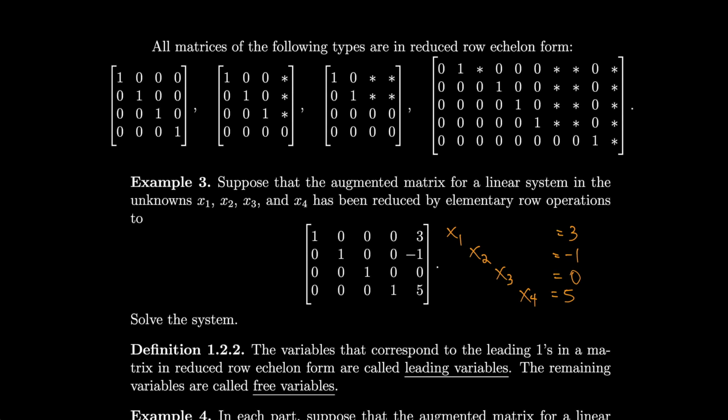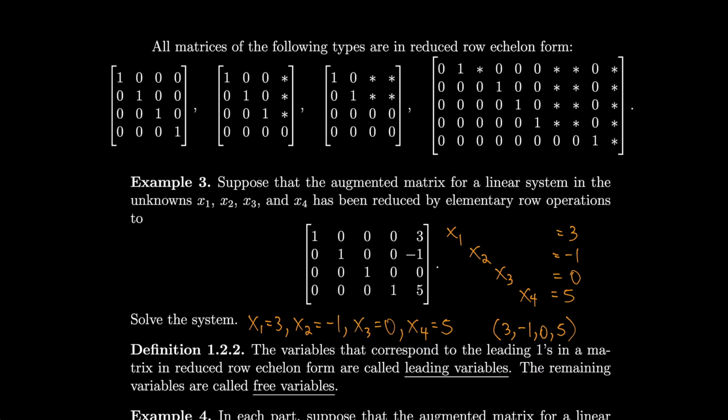So that means our solution to our system is x1 equals 3, x2 equals -1, x3 equals 0, and x4 equals 5. That's the same thing as writing the ordered 4-tuple (3, -1, 0, 5). Oops, I said 4 because it's a 4-tuple, but the entries are really 3, -1, 0, 5.